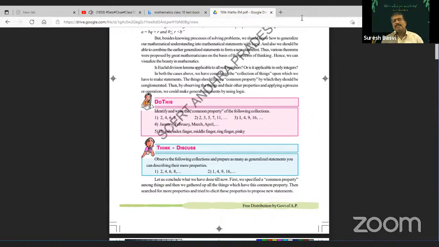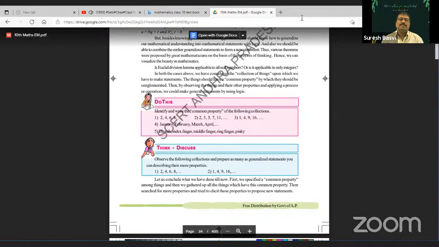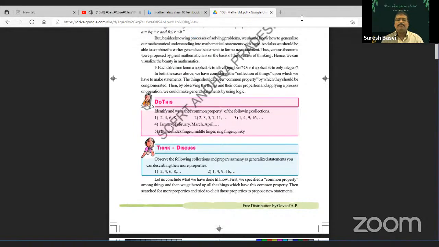Third answer is squares of natural numbers. Next, fourth answer: January, February, March, April. These are all months in a year. And thumb, index finger, middle finger, ring finger, and pinky.